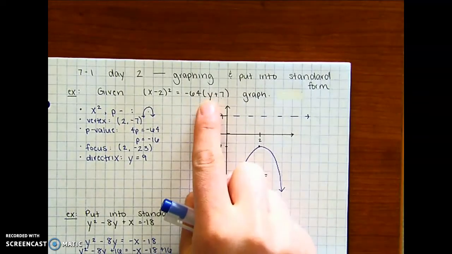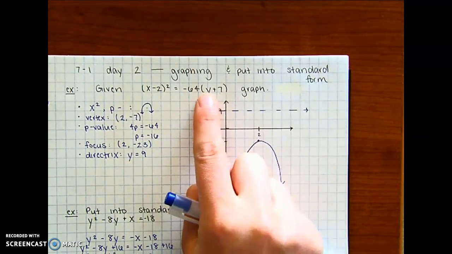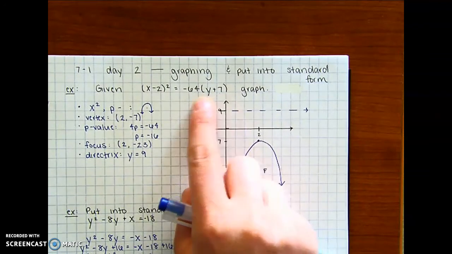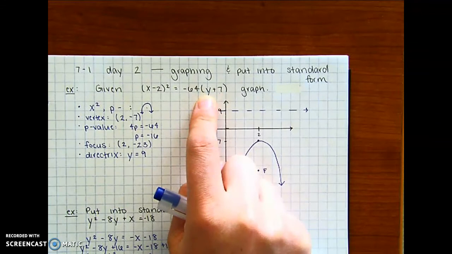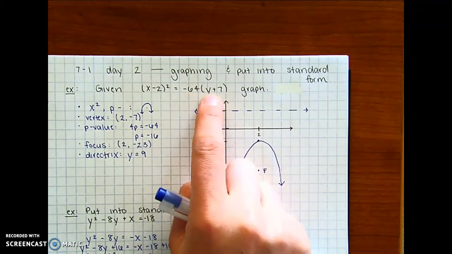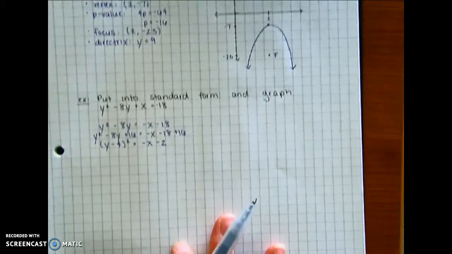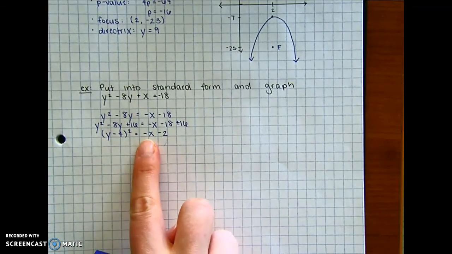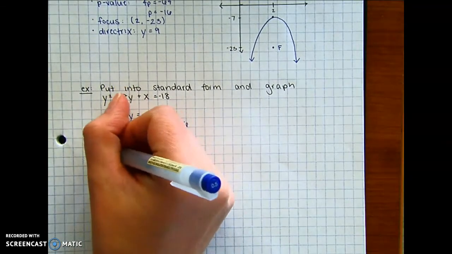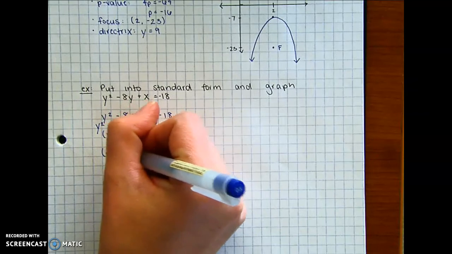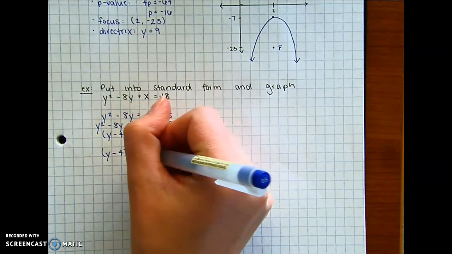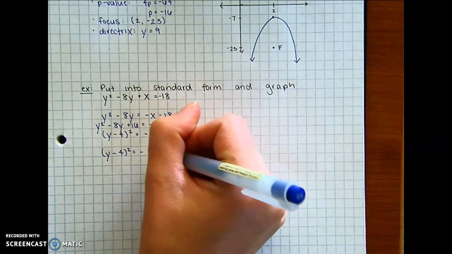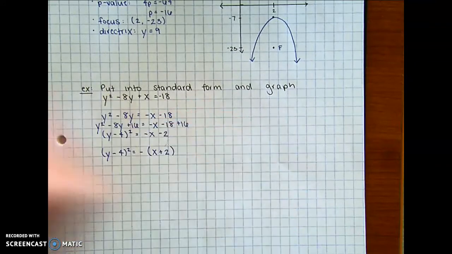Remember, for standard equation, whatever's left over, whether it's x plus something or y plus something, the x or the y are completely by themselves. So we need to factor out whatever coefficient is here. In this case, it's just a negative 1. So standard form is going to be y minus 4 squared equals negative, in parentheses, x plus 2.